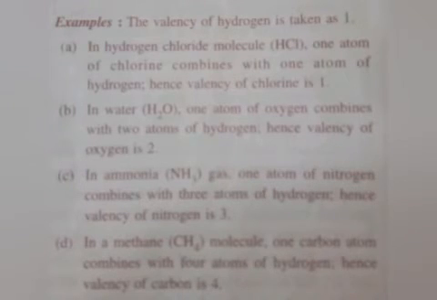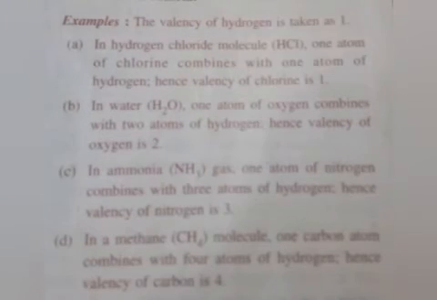Second example, water, H2O. Oxygen combines with two atoms of hydrogen, hence the valency of oxygen is 2. Third example, ammonia gas. In ammonia, nitrogen combines with three atoms of hydrogen. Hence, the valency of nitrogen is 3.